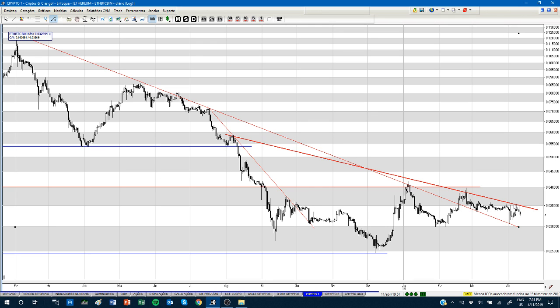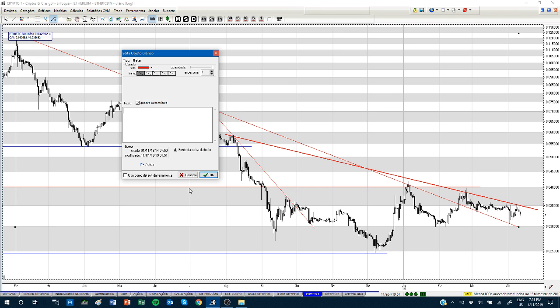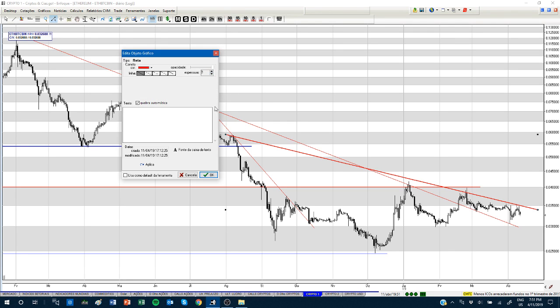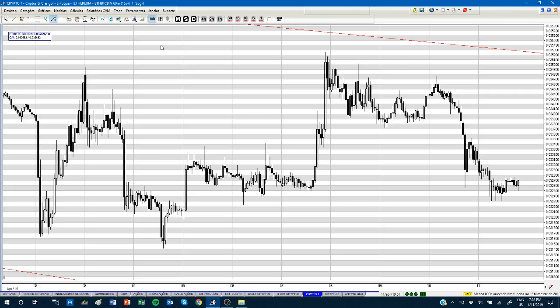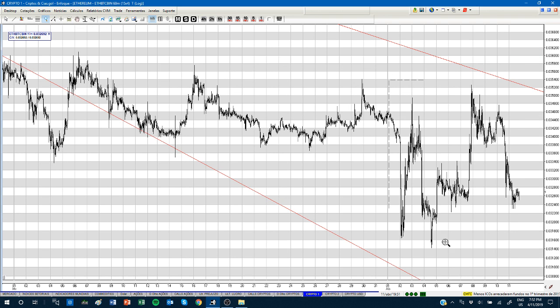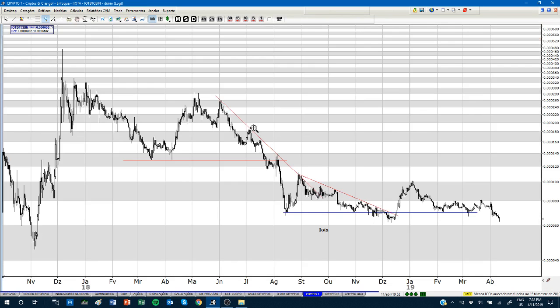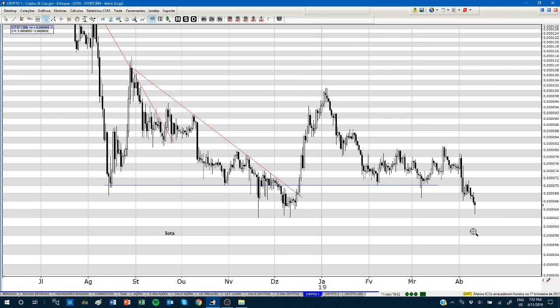And maybe we could also take a look in the hourly chart to see whether it will give us any hint. No. And this seems to be a downward flag, but it's holding the support, so we have to wait. IOTA is producing another hammer in a support level, so that's bullish.